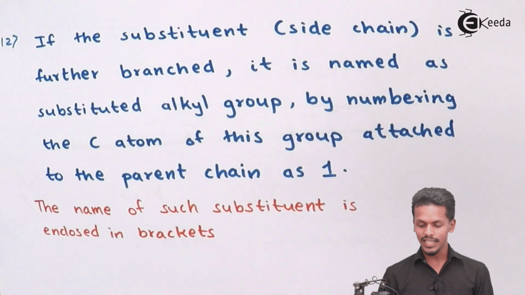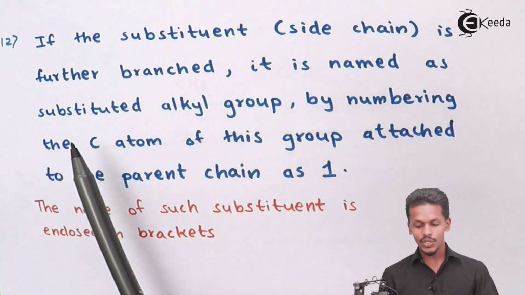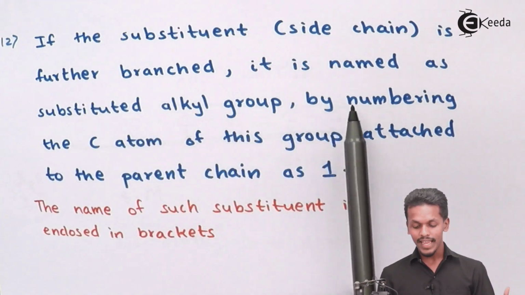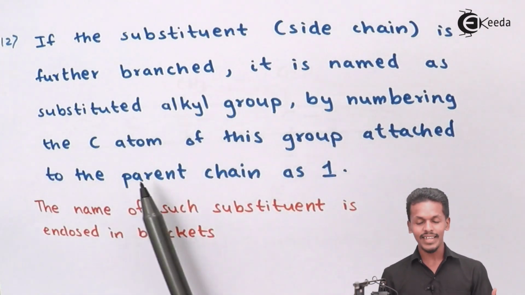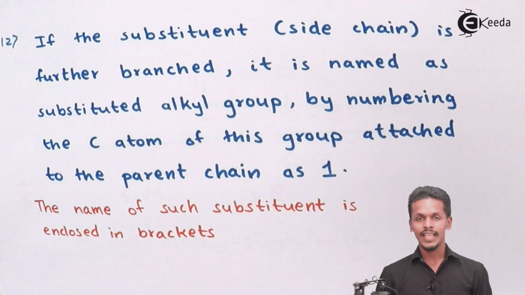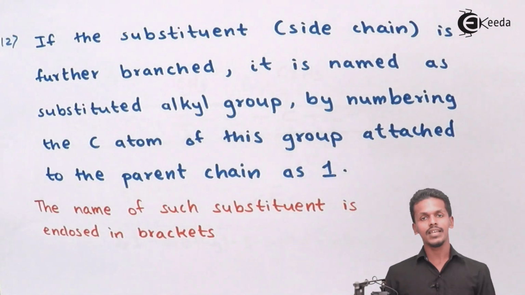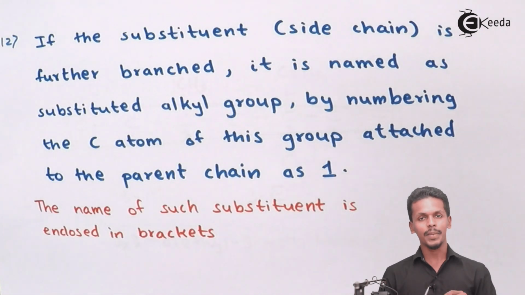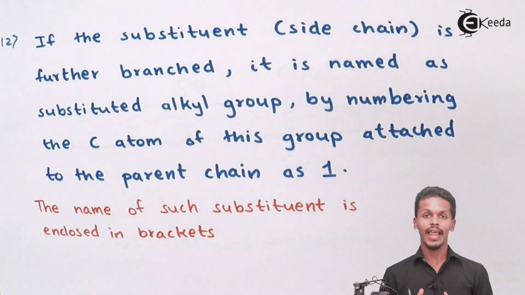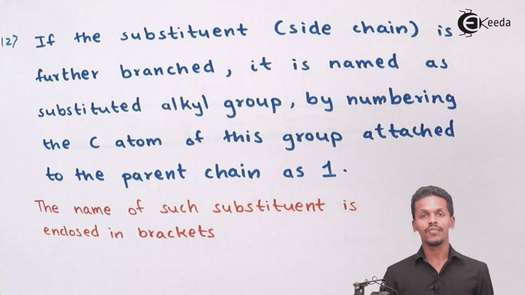That is what they are explaining: it is named as a substituted alkyl group by numbering the carbon atom of this group attached to the parent carbon as 1. Suppose this side chain has a carbon group attached to the main parent carbon atom of the longest continuous chain.